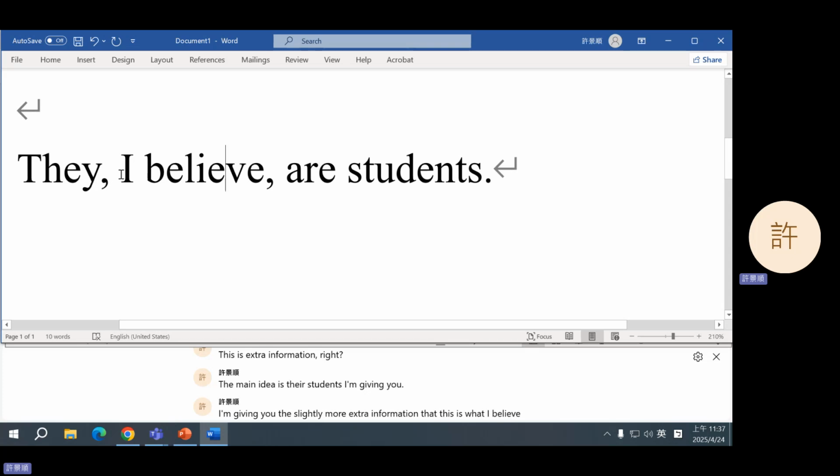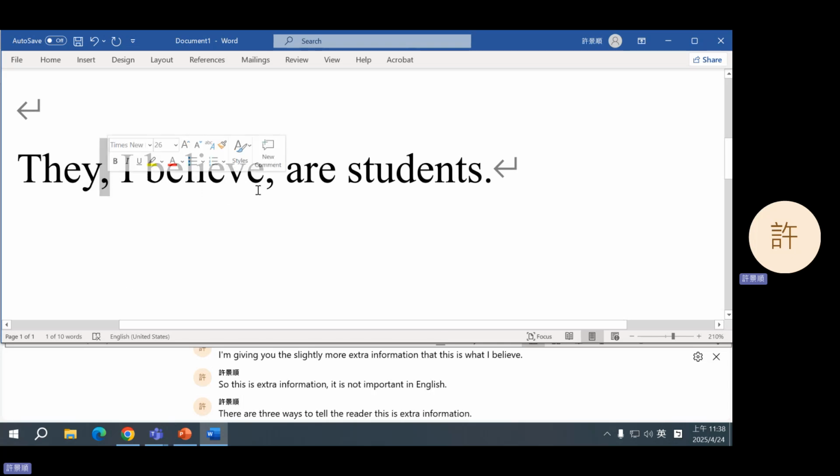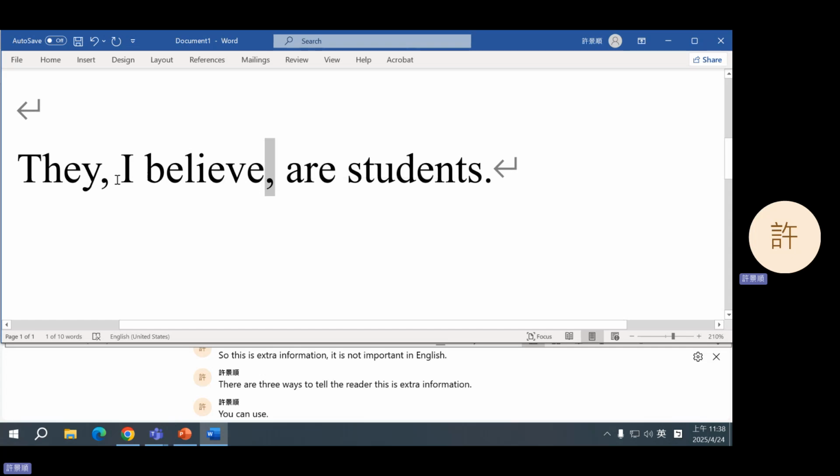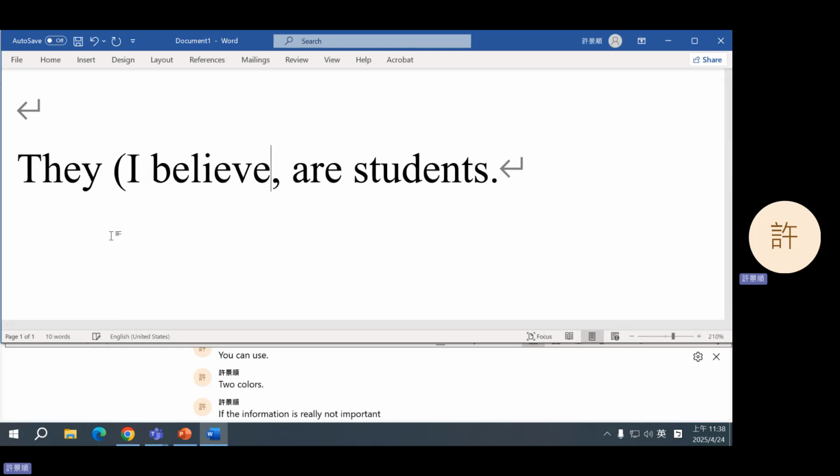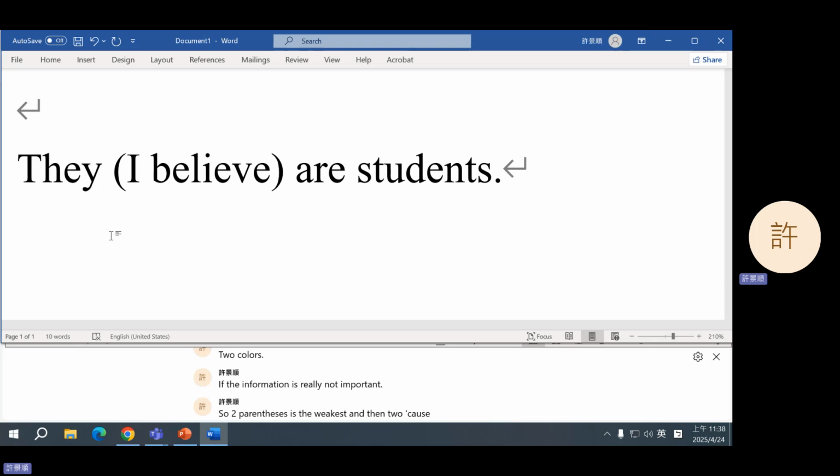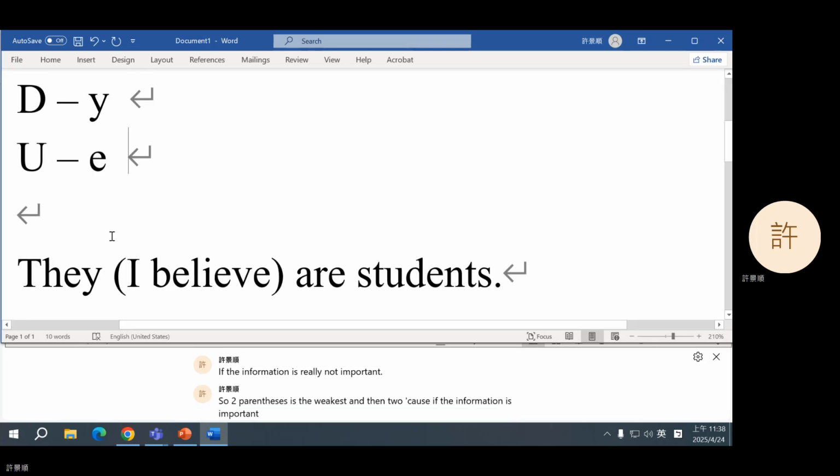So this is extra information, it is not important. In English, there are three ways to tell the reader this is extra information. You can use two commas. If the information is really not important, you can use two parentheses. So two parentheses is the weakest, weaker than two commas. But if the information is important, then you use two em dashes.